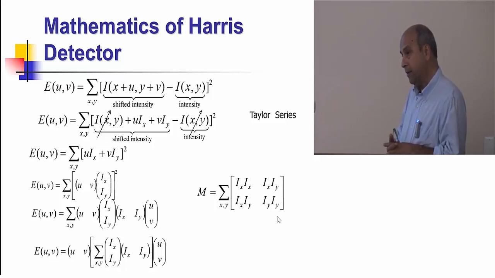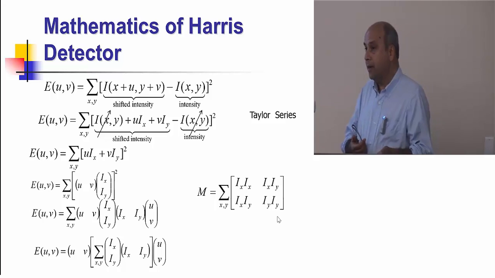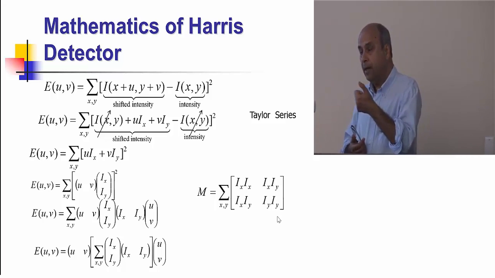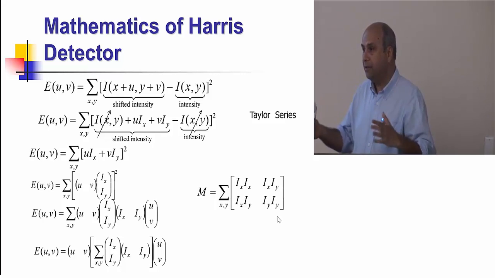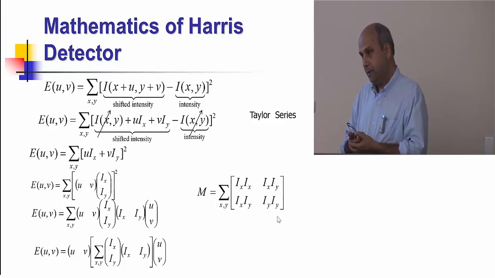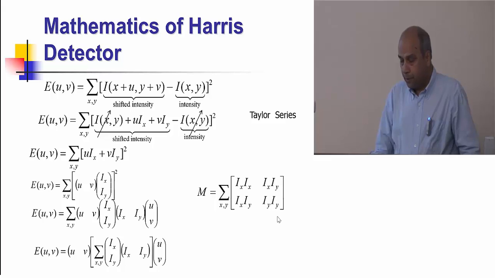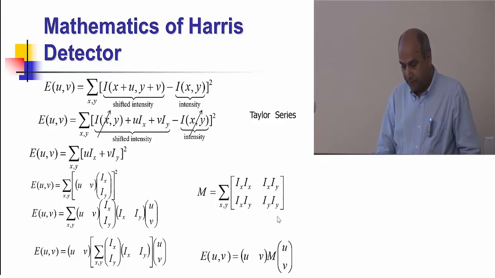That is a 2 by 2 matrix. And these I_x, I_y are the derivatives. Your favorite derivative: use Sobel, Prewitt, Gaussian, whatever you want. So again, we are staying with the derivatives of the image.